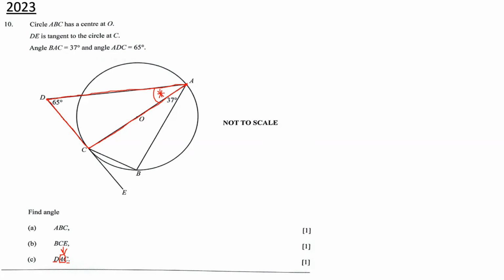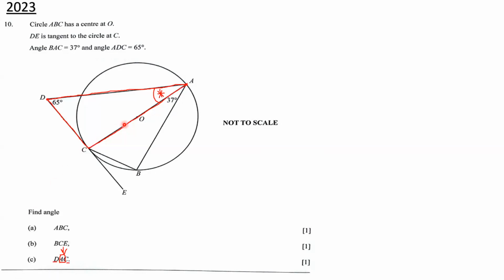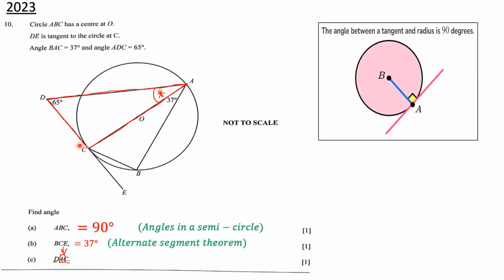Now, if we consider this shape, it is a triangle. And DC is part of the tangent line. There's a circle theorem that says the angle between the tangent and the radius is 90 degrees.